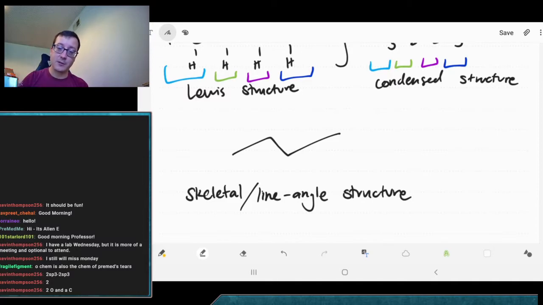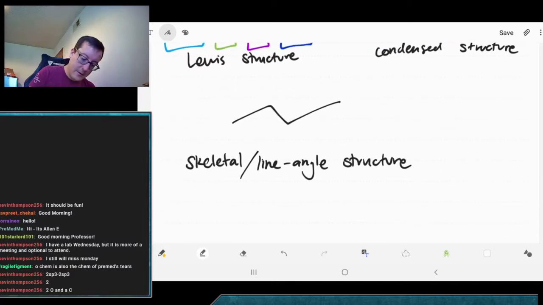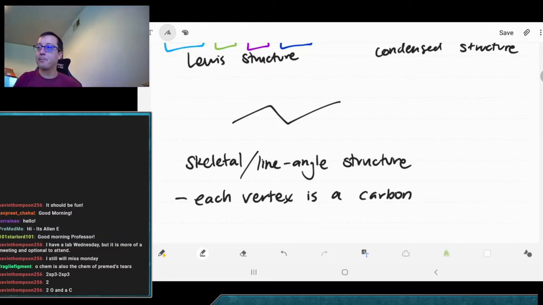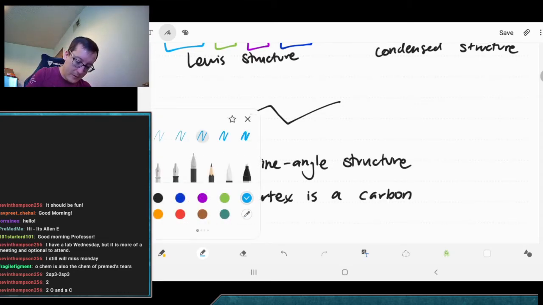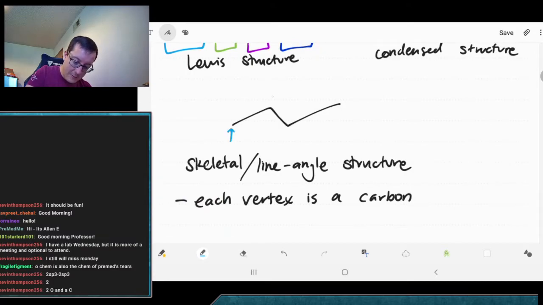How skeletal structures work is each vertex is a carbon. So instead of writing out C, C, C, C everywhere, we just leave it as a vertex. So we have 1, 2, 3, 4 vertices here.